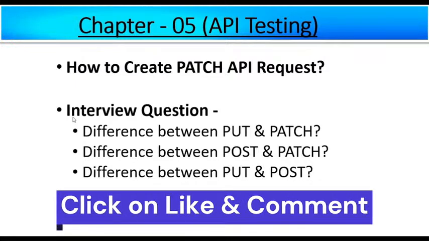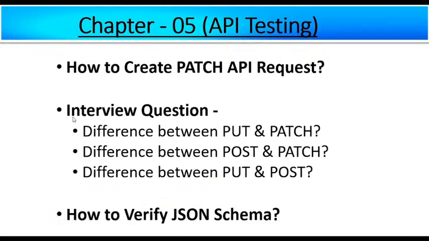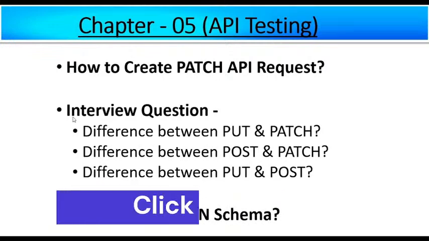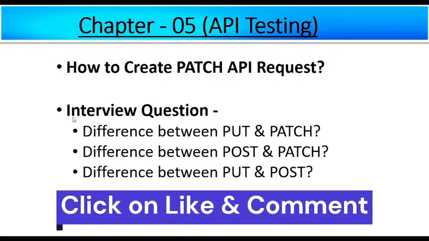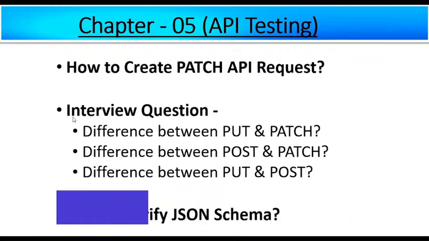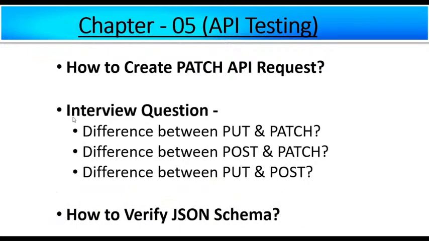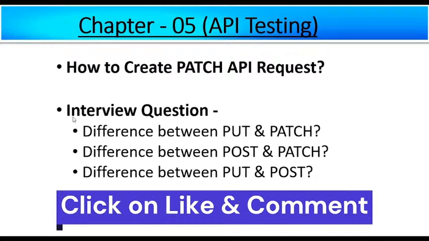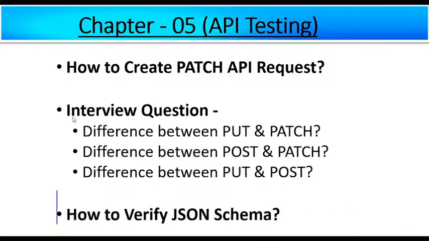So let's move on to what is the difference between put API request and the post API request. In case of put API request, the type of method is put. In case of post API request, the type of method is post. So put API request is used to modify the resource in the server, and there we specify the whole data, and that data will be updated in the application server.